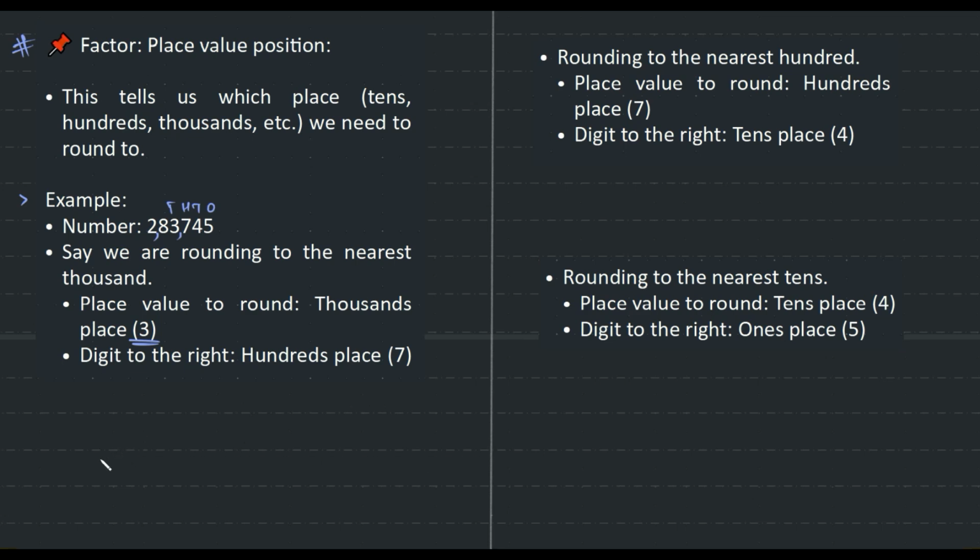So basically, we are rounding the number 283,745 to either 284,000 or 283,000. Which to pick, that's the next part.